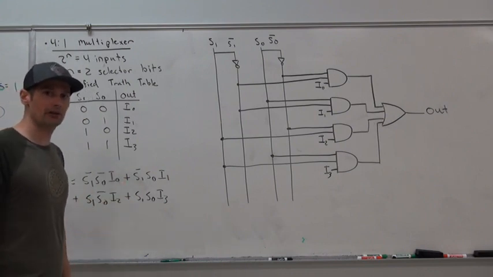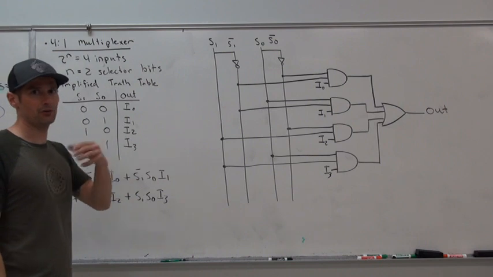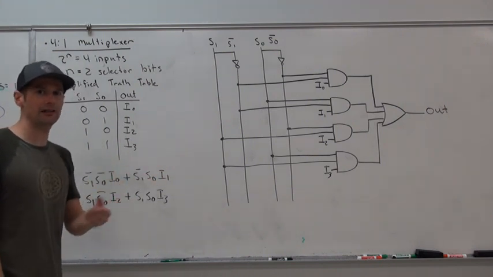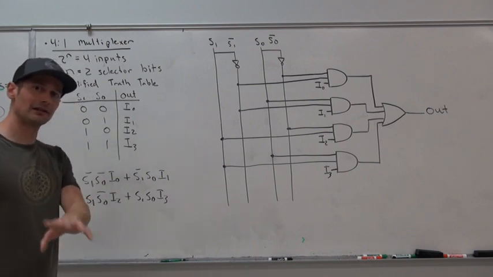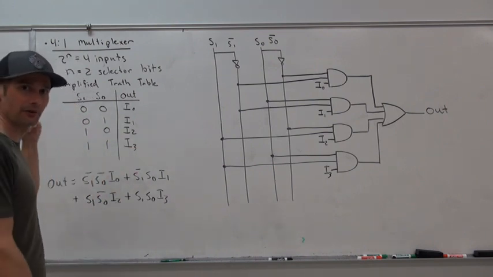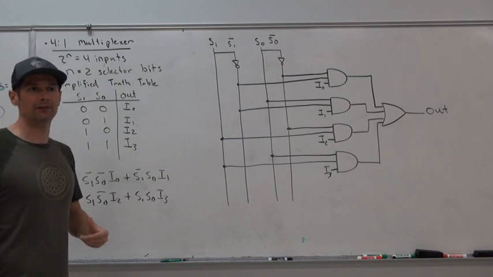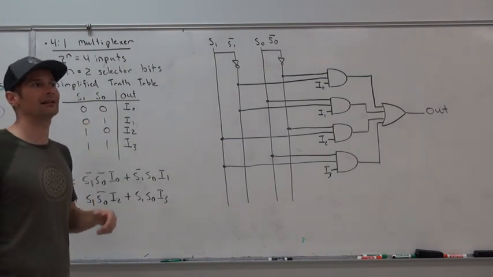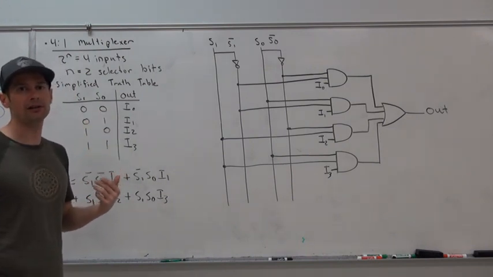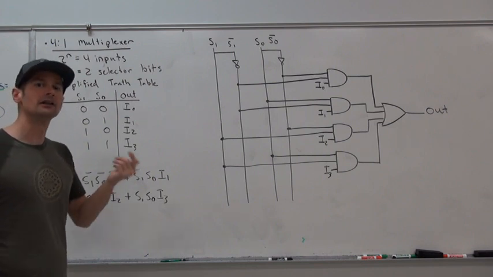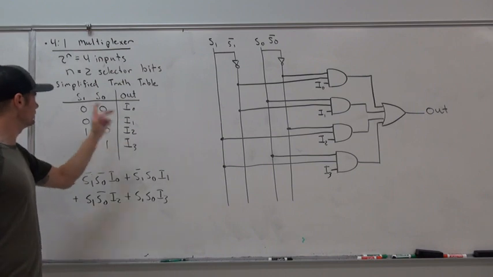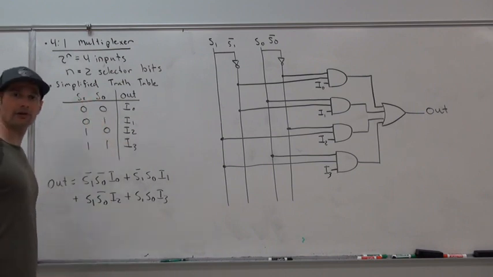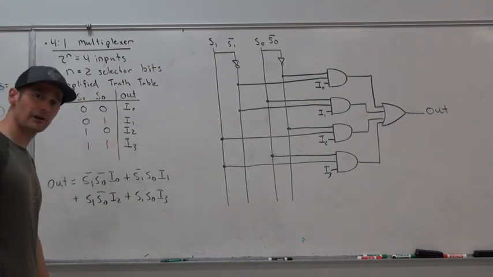The thing is that we can actually write out a shortened or simplified variation of that truth table simply by looking at the selector bits themselves. Now, we saw before in the 2-to-1 mux, if S was low, then the output was going to be I0. If S was high, then I1 would be selected. In this case, let's just look at S1 and S0, and that's the only thing we're going to concern ourselves with.